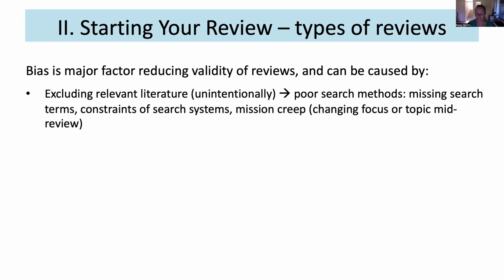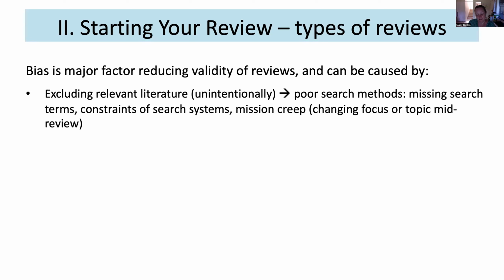So you're missing some of the search terms, or the search systems you're using aren't comprehensive, and I think this is really common, there's mission creep. You start out thinking that you're reviewing this particular topic or question, and the more you read, you sort of change your idea of what the review is, and now it's on something slightly different.